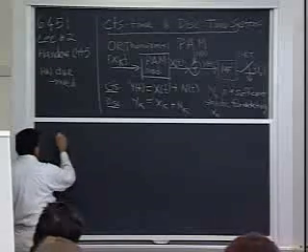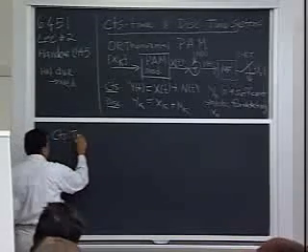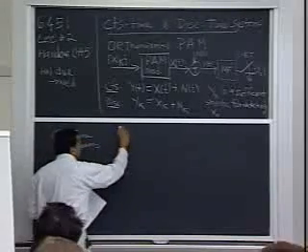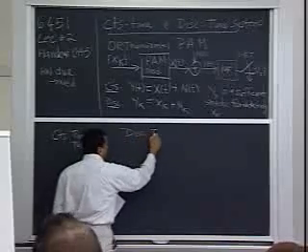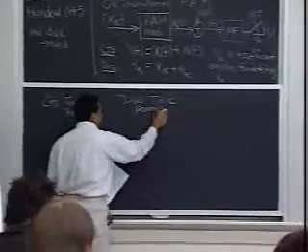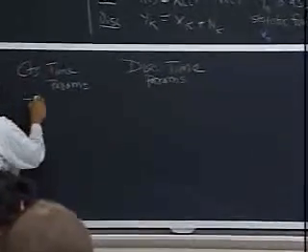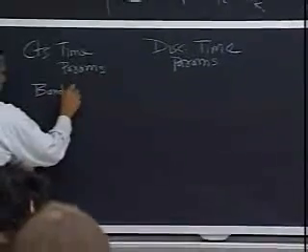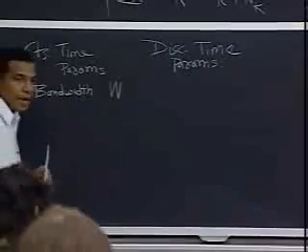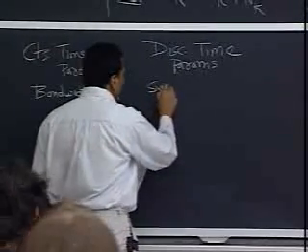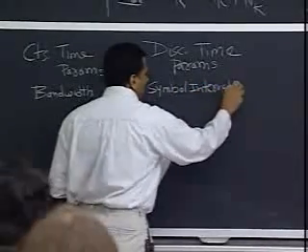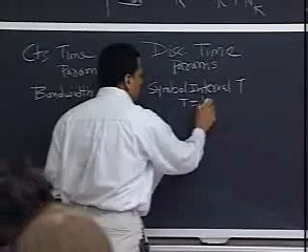So we have continuous time parameters and discrete time parameters. A continuous time parameter is the bandwidth, W. The discrete time parameter is given by the symbol interval, T, and the relation is T equals 1 over 2W.